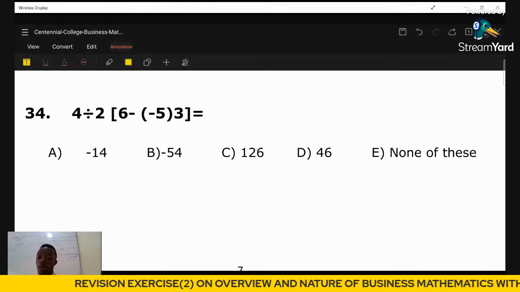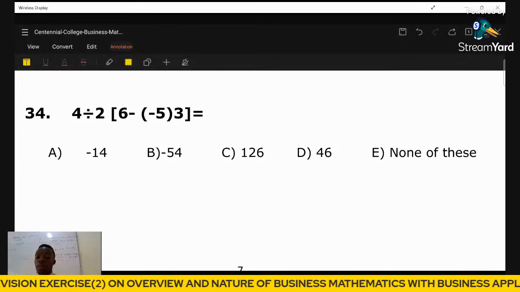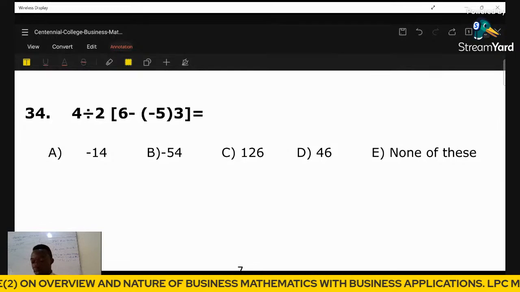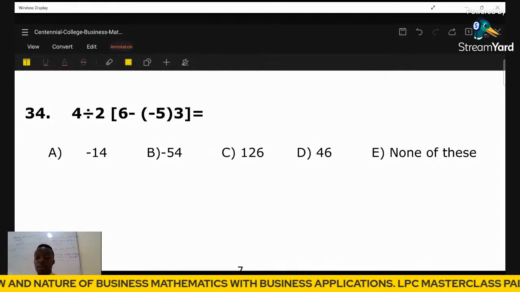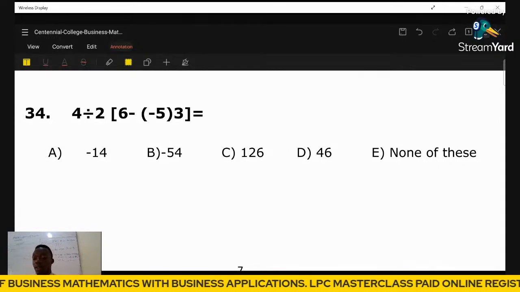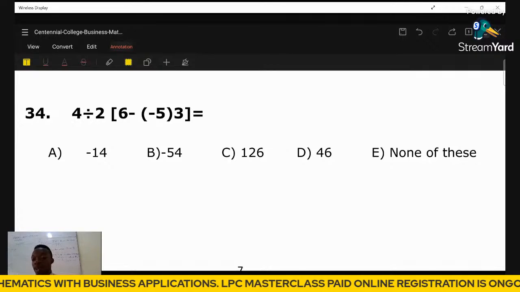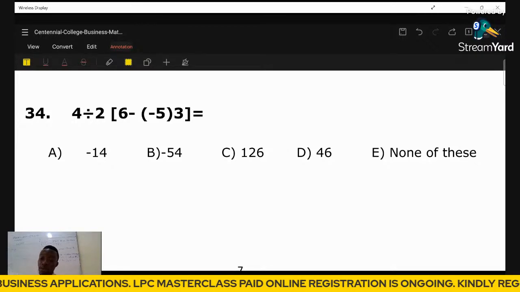Now, question number 34. We are asked to divide. We have this expression: 4 divided by 2 into bracket 6 minus, into bracket, minus 5 multiplying 3. So we're going to deal with the bracket first.